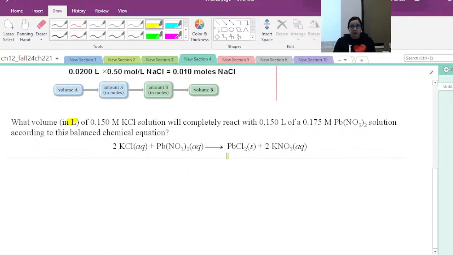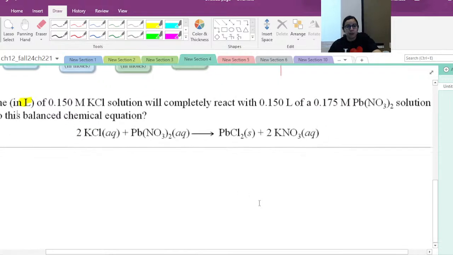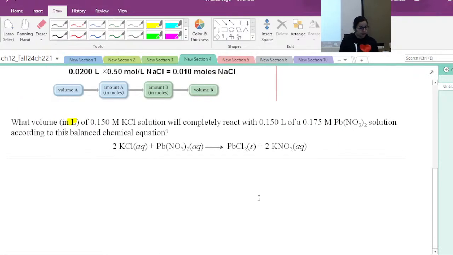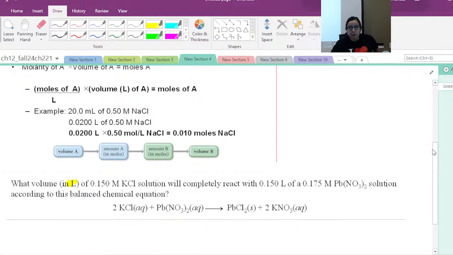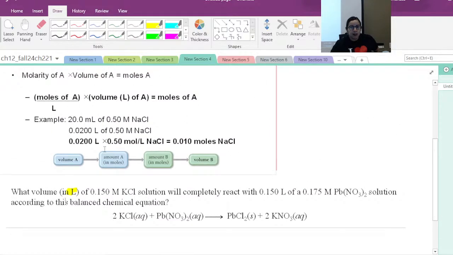We have the balanced equation. Start thinking about how you would solve this. You know everything; we know how to get moles now from our molarity. Let's see if you can start this. And again, chat, post answers to help us out.